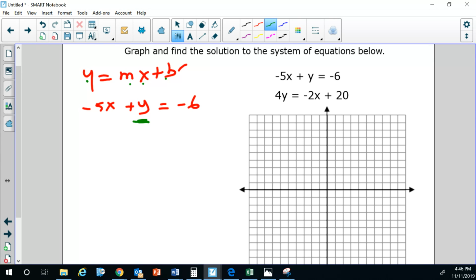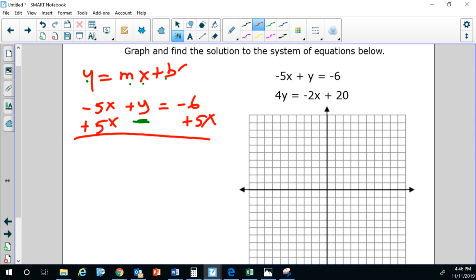So I'm going to add 5x. That will eliminate the negative 5x on the left side. But I also have to add 5x to the right side. What I do to one side, I have to do to the other side.